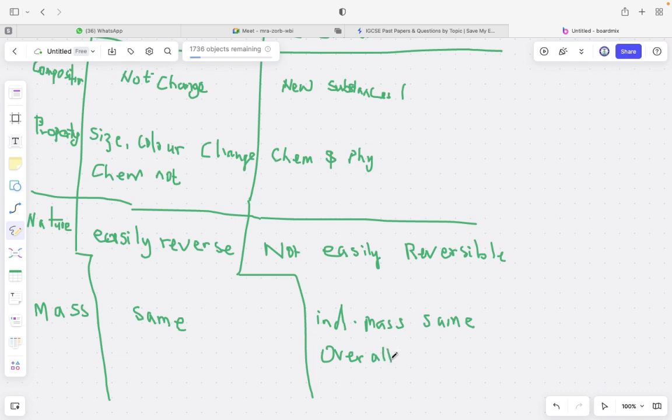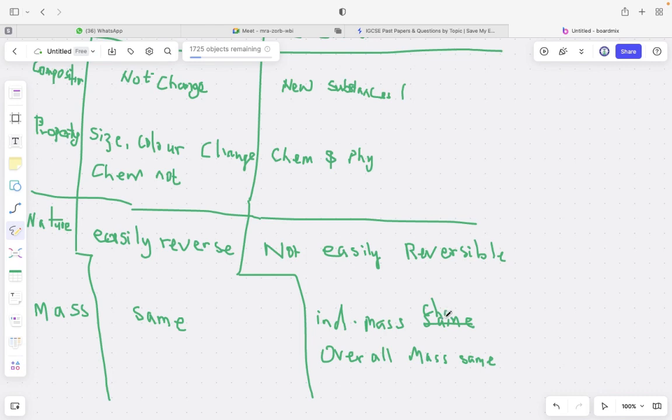No, wait, we are mixing it up. We say the individual mass may change, but the overall mass will be the same. It's the overall mass that is the same. So we cancel this, one strike, and write change on top.